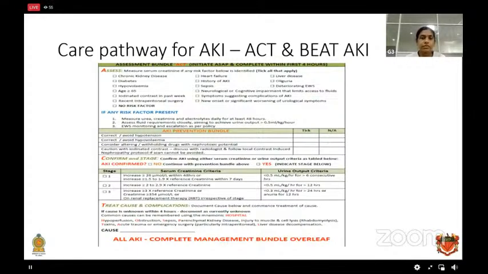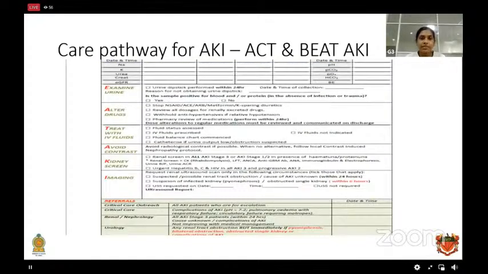So you check the creatinine and urine output, and then you have to identify the complications, and then do basic investigations, examine urine and drugs, as I said, IV fluids.